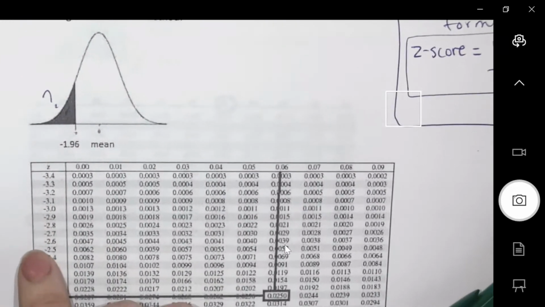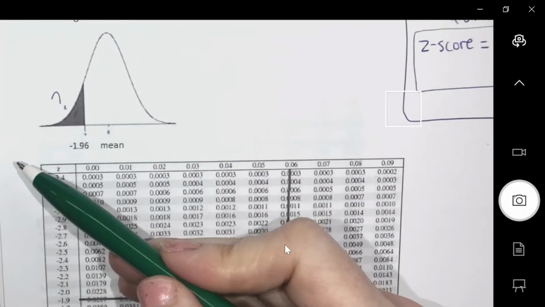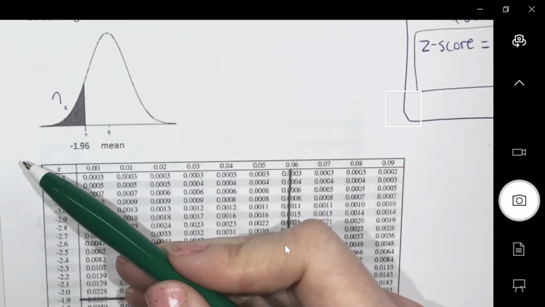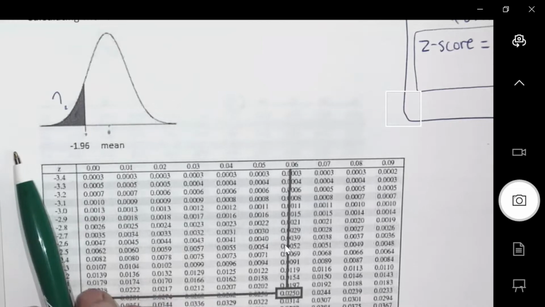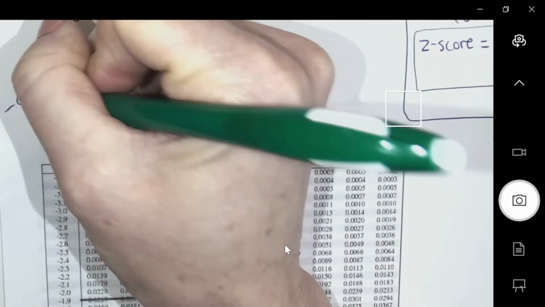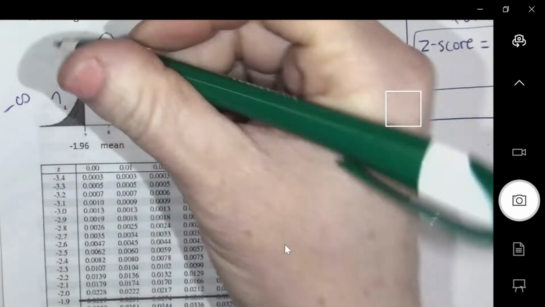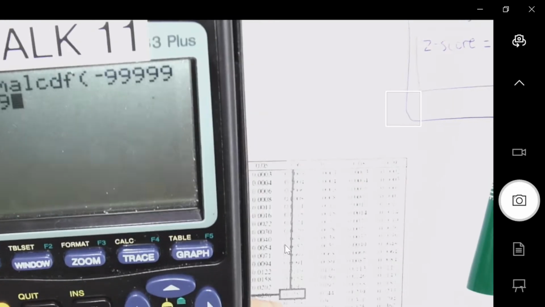What's the most left this goes? In a domain, thinking about, last time we talked about domain on parabolas, what's the domain? How much left are we? Negative infinity. So negative 99999, comma.